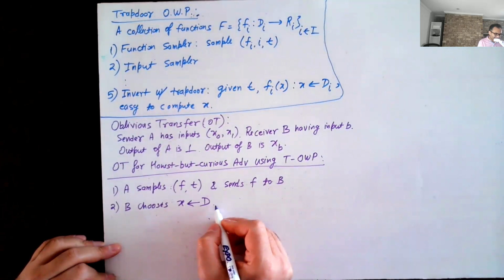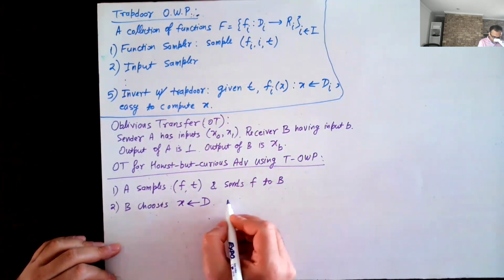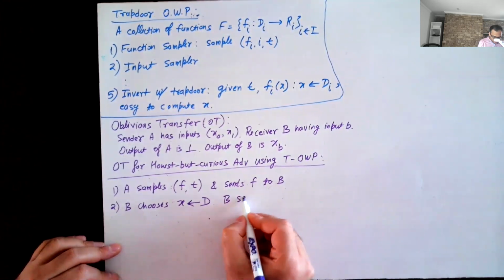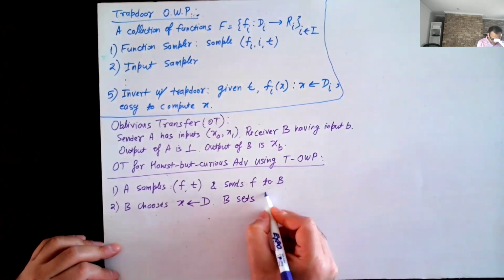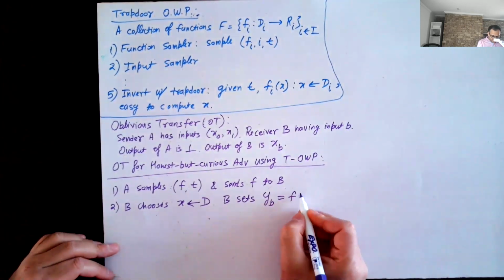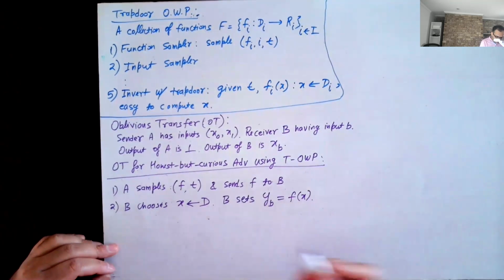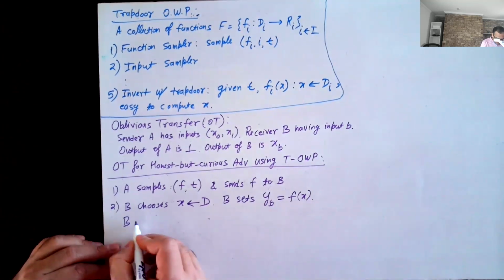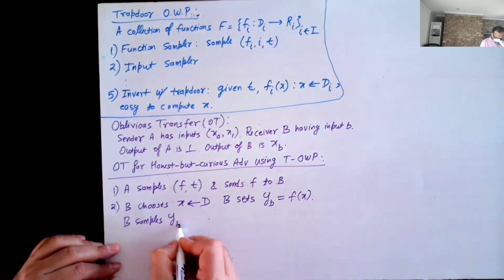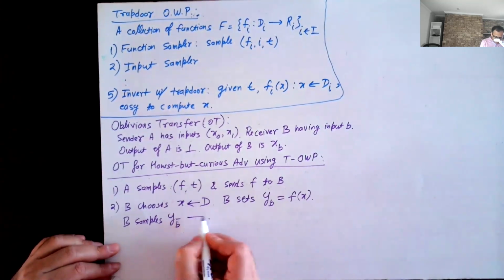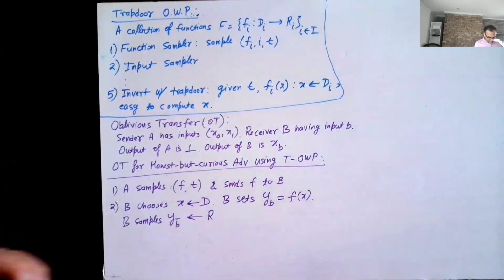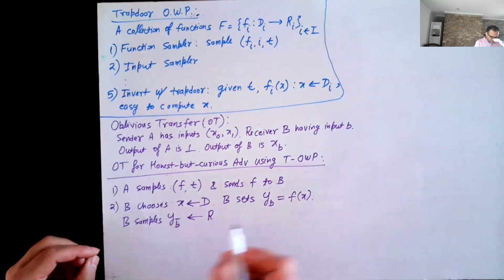And B sets y of B to be f of x. B samples y of B bar from the range. So you can just think of it as a random group element for the case of RSA.